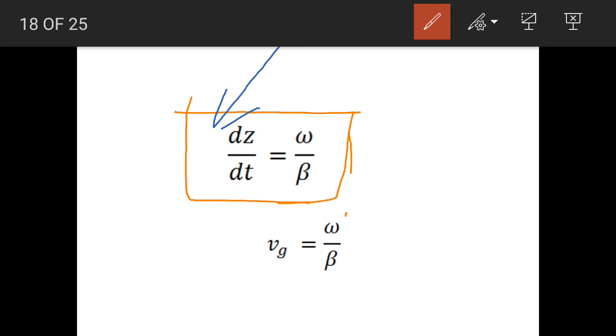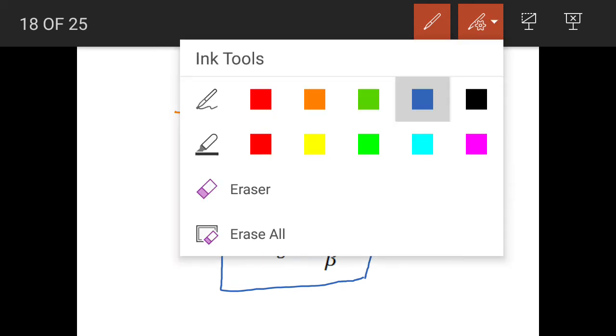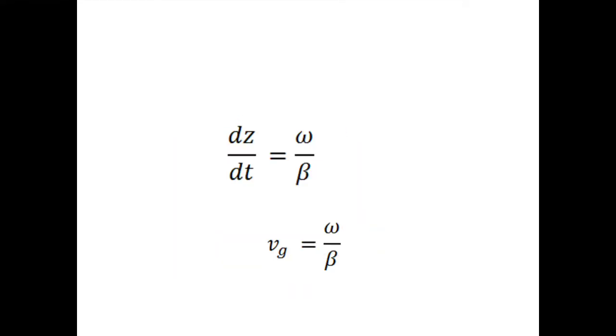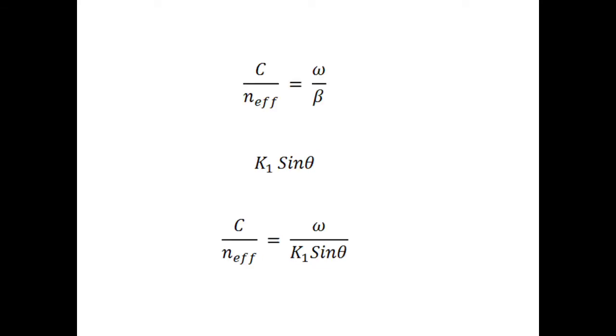We can calculate the speed of the light ray with the help of omega by beta. So this equation is used to find out the velocity of the light ray in the waveguide. That's why this velocity or this speed is represented by Vg. G stands for the waveguide. So this is how we calculate the velocity of the light ray in the central layer of the waveguide.